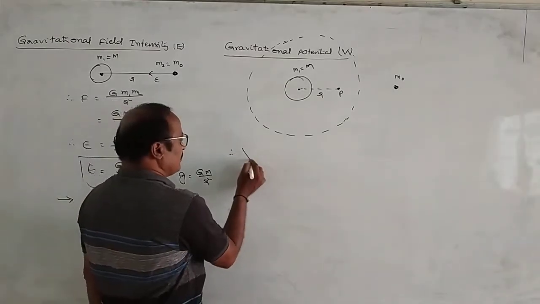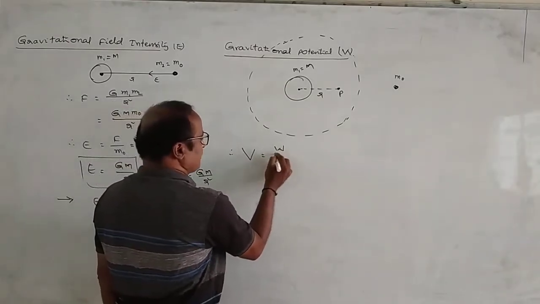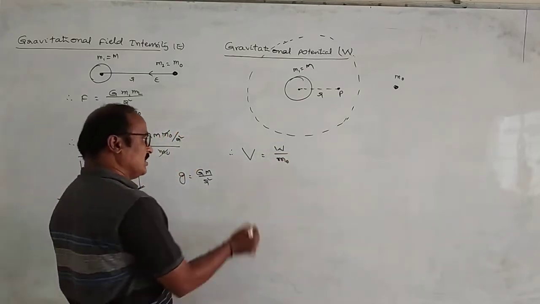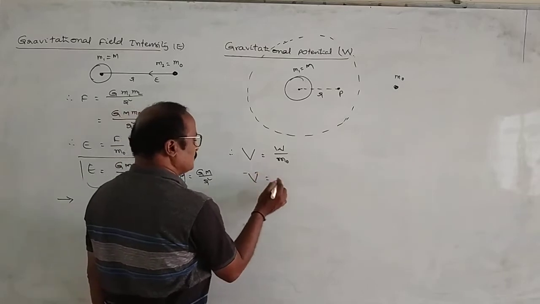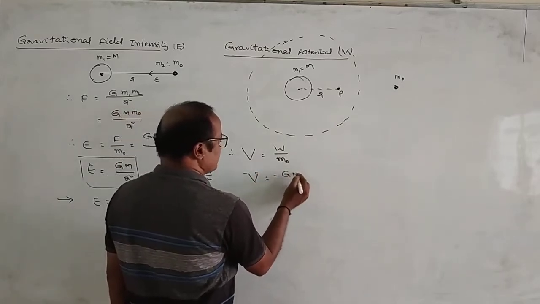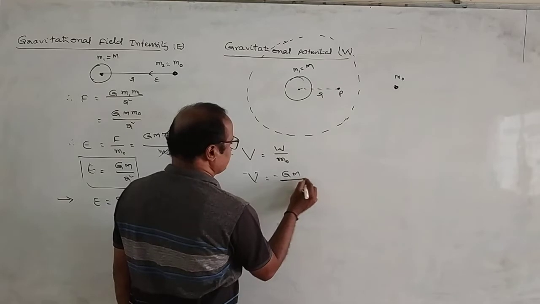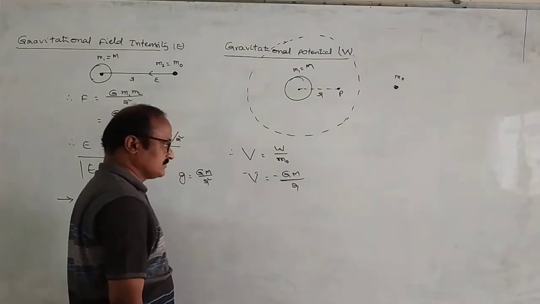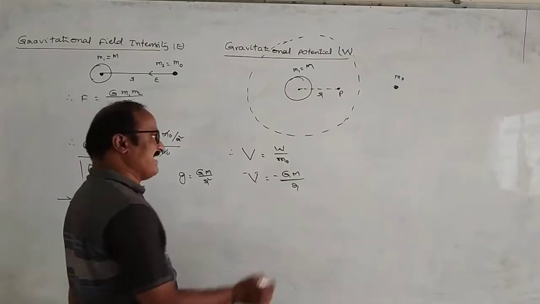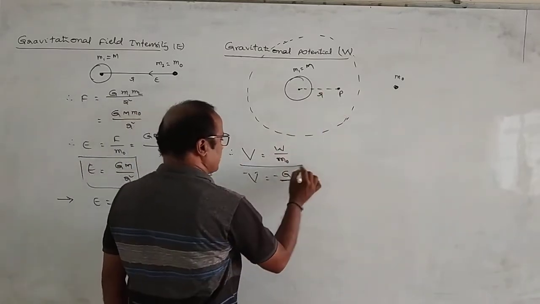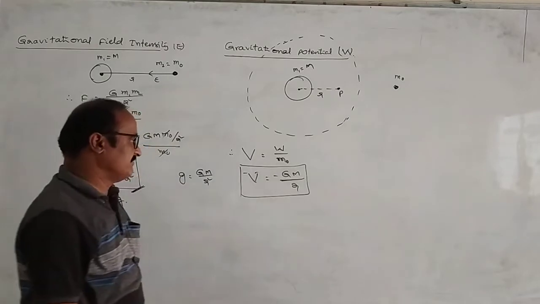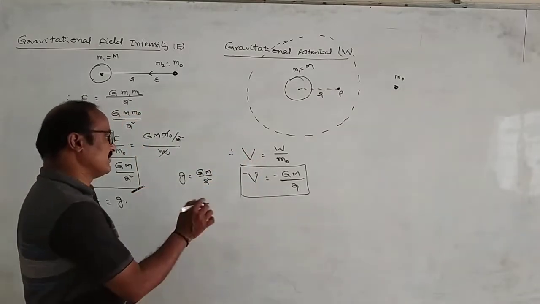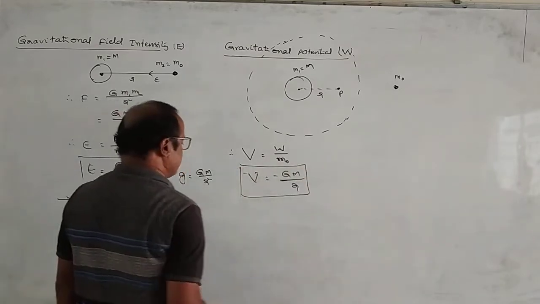So after solving, V is equal to W by M0, or V is equal to minus GM by R. This is the gravitational potential at a point at distance R from the center of Earth. V is equal to minus GM by R.